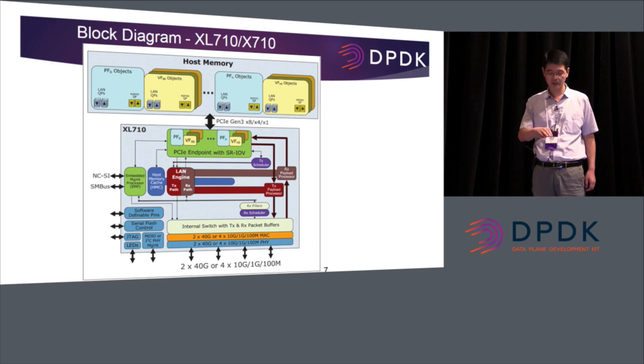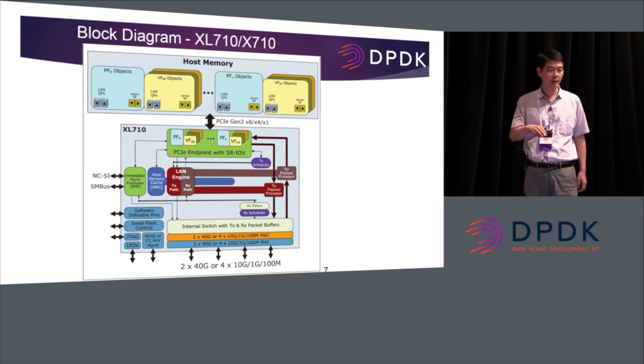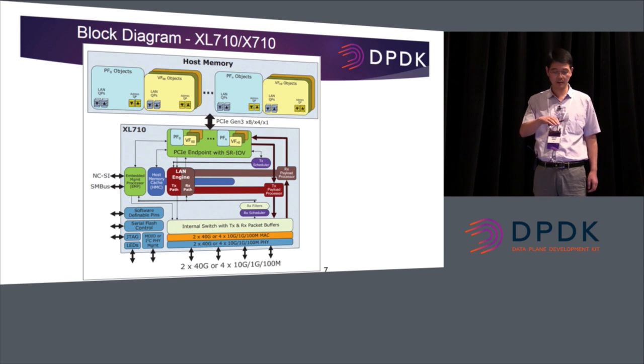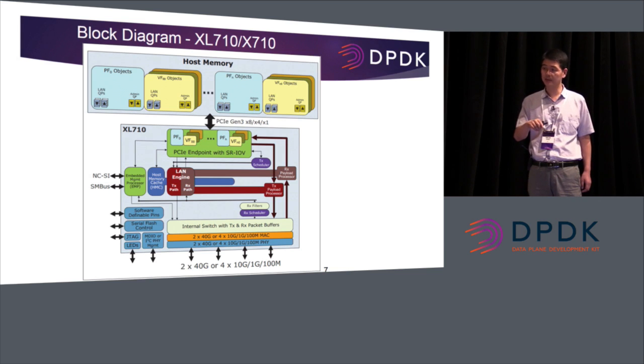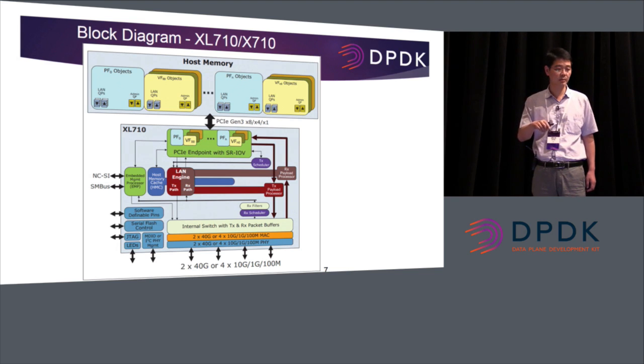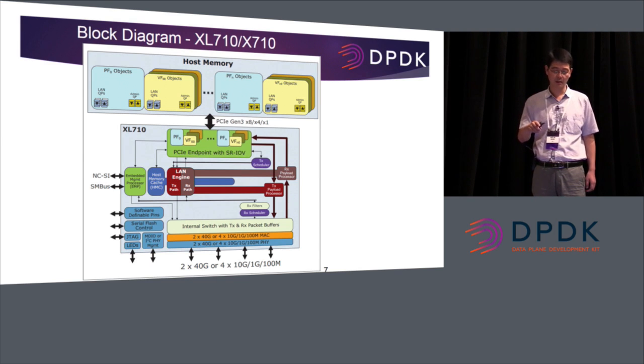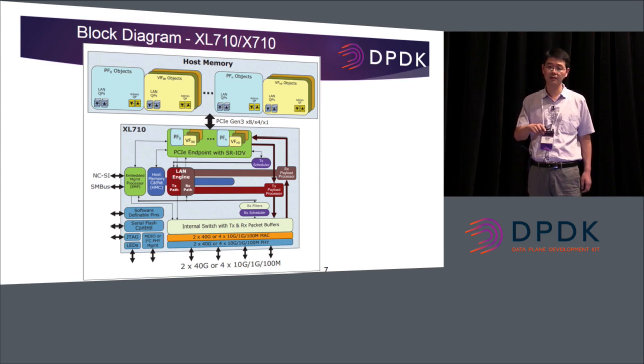And up there, there is the internal switch for TX and RX packet buffers. On the upper layer, there's a line engine which is responsible for the TX and RX packet parsing or even modifying some offload fields.